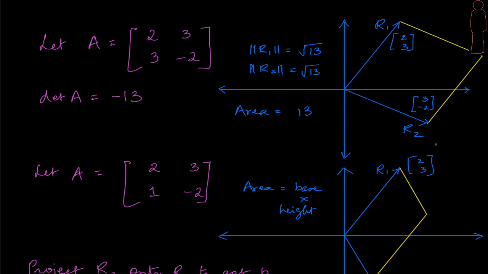Since they are perpendicular, we are just going to construct, in this case, probably a square. It could become a rectangle as well, but in the example we picked, the magnitudes of these two are the same, and therefore it's going to be a square. Okay, let's calculate the square's area. That's going to be side into side, and each side is root 13, so my area is 13.